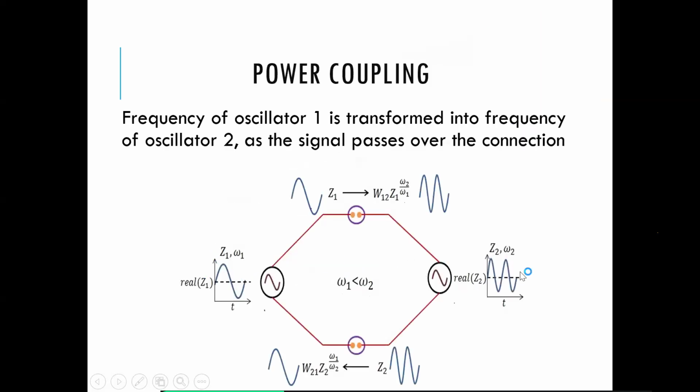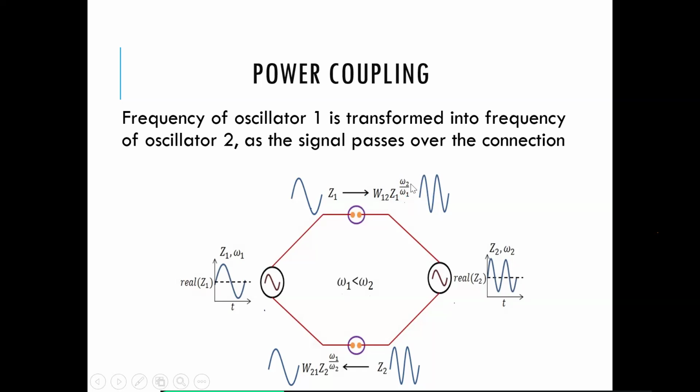Now if you take two oscillators, again couple them like before. Z1 is at frequency omega 1, let us assume it's a low frequency, and Z2 is at frequency omega 2, assume it's a high frequency. Now these two are connected in a back and forth fashion. When Z1 is sent to Z2 as input, assume that at the connection this kind of power coupling occurs.